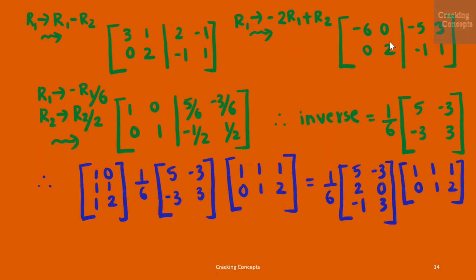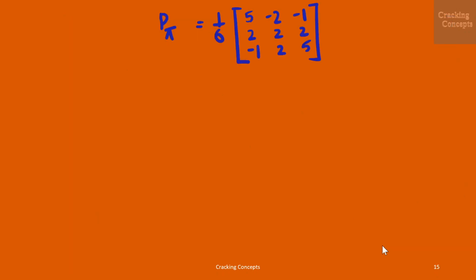Then we'll add R2 to minus 2 times R1, giving a 0 here. Then we'll rewrite R1 as minus R1 by 6 and R2 as R2 by 2. After these steps, we'll get the identity matrix on the left hand side and the inverse on the right hand side. Now substituting this inverse into the previous equation, we'll get the final answer P pi as this matrix.